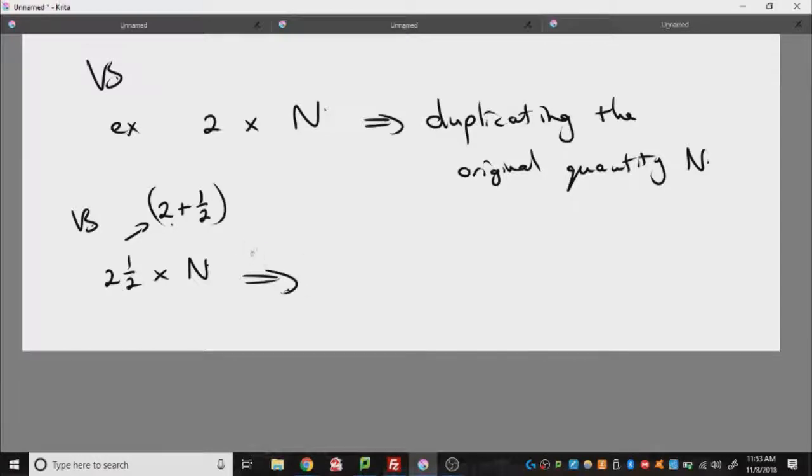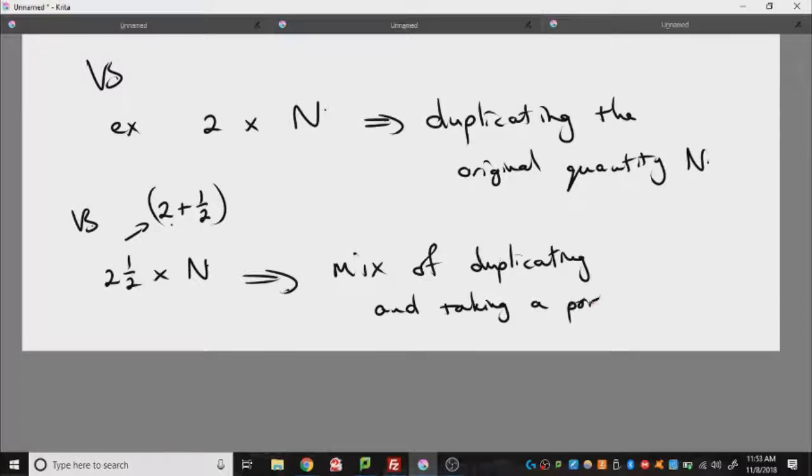So staying on the intuitive side, no. So it's a mix of duplicating and taking a portion. Or let's say adding a portion on top of that.